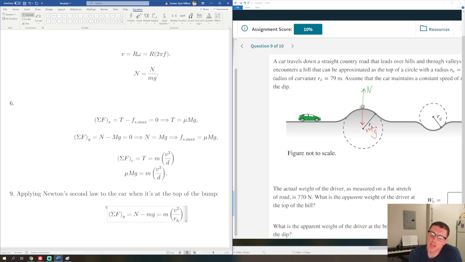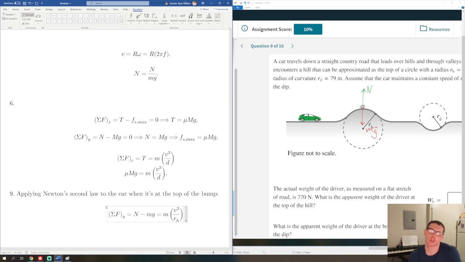And the thing is, the apparent weight is not that different from being on an elevator as it's accelerating up or down and feeling correspondingly heavier or lighter. So we're just going to imagine there's a scale between the car and the road when it's at the top, and we identify the apparent weight with the normal force.